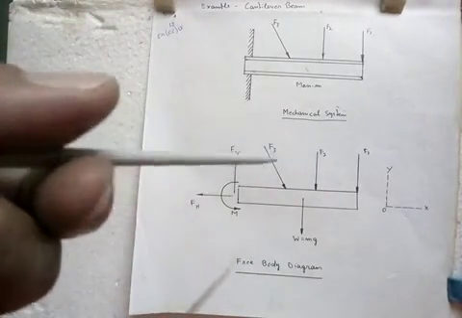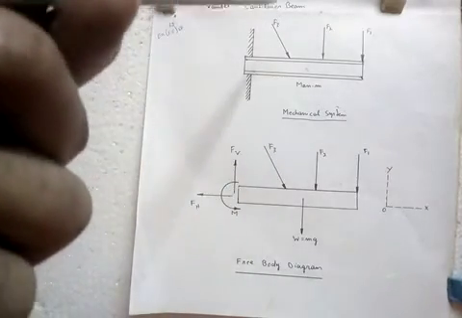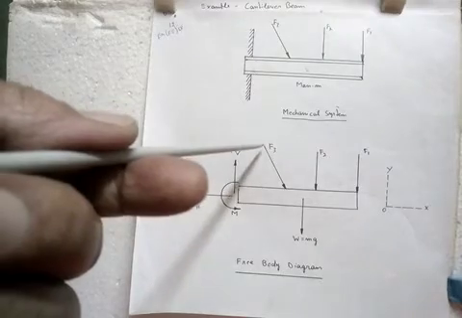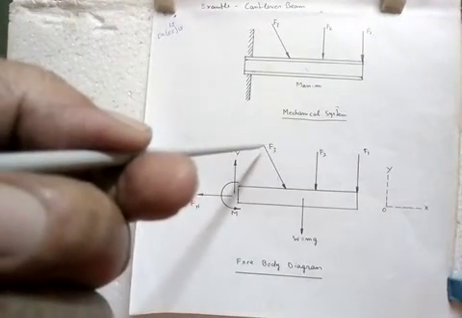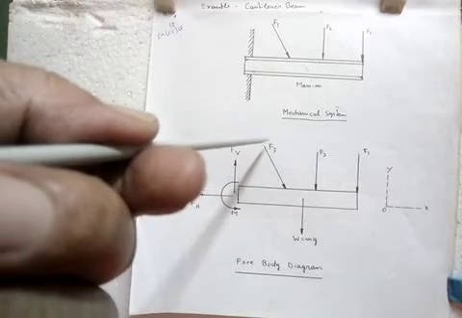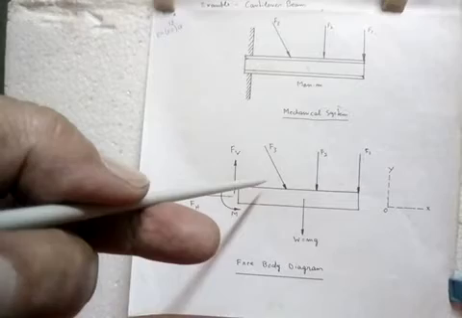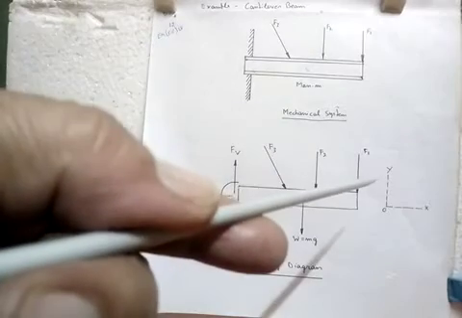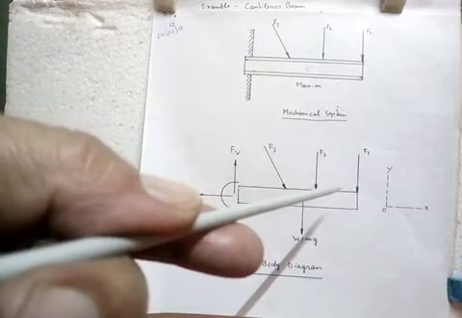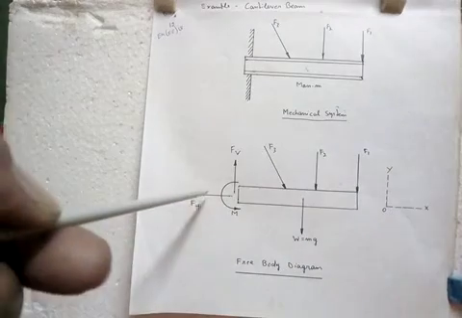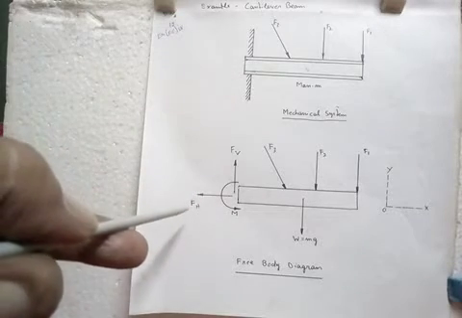Now let us see what about the horizontal forces. The horizontal component of F3 is acting in this direction. That means this horizontal component of F3 has a tendency to pull out the beam from the wall, but such is not happening because there is a reactive force in the opposite direction generated in the wall, and that is equal to FH.